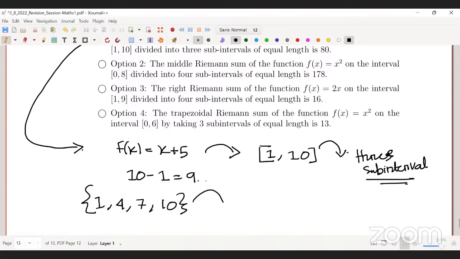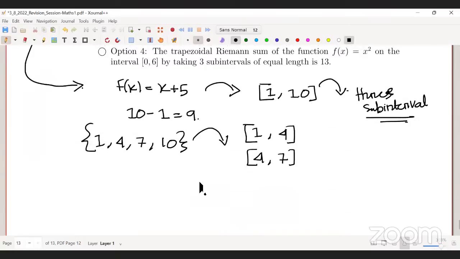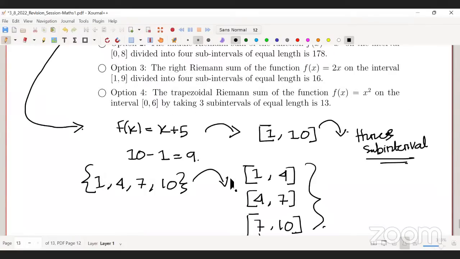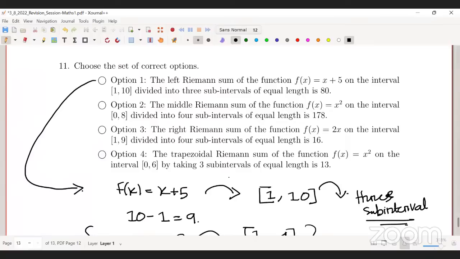So from this partition we are getting 3 sub intervals: 1 to 4, 4 to 7, then 7 to 10. Now we have computed all the sub intervals. The next thing is we have to find the left Riemann sum.